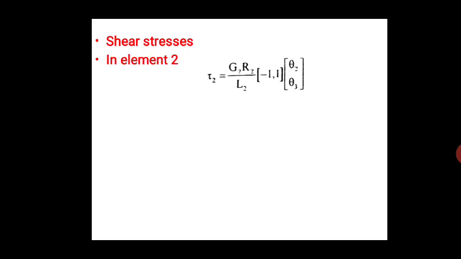Similarly, the shear stress for element 2 can be written as tau 2 is equal to G2 R2 divided by L2 into the matrix of minus 1, 1 into the displacement vector theta 2 and theta 3.